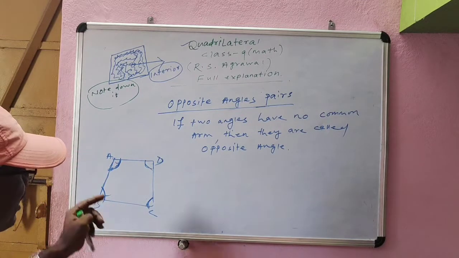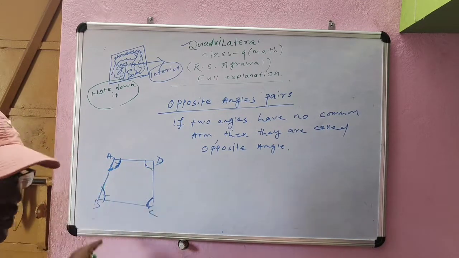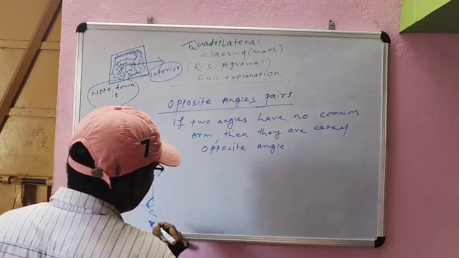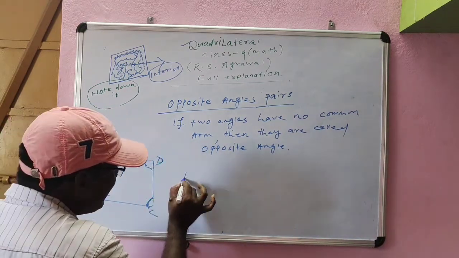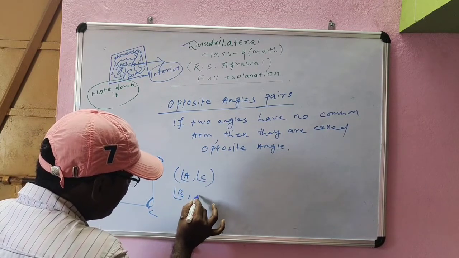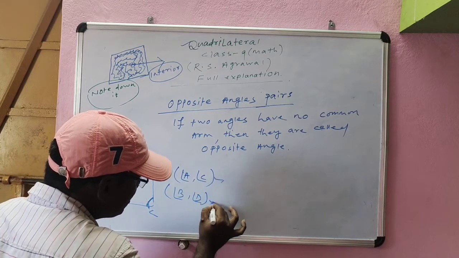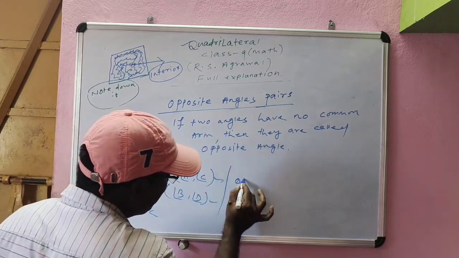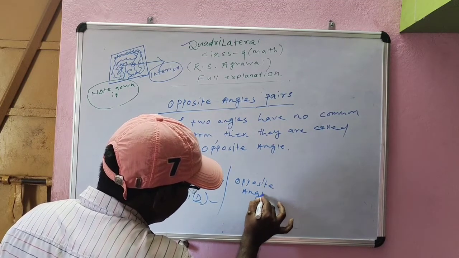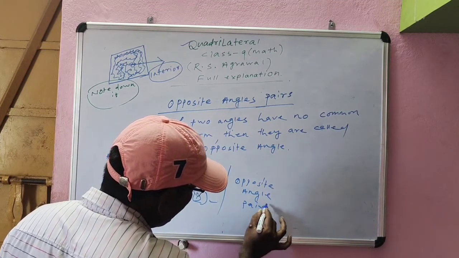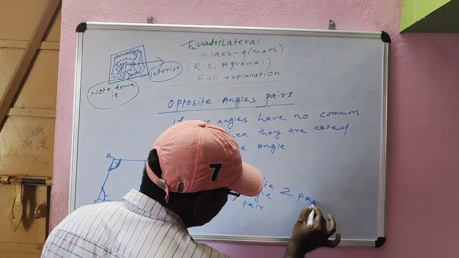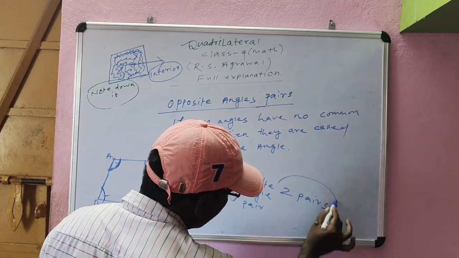It means these two angles have no common arm. Therefore, these two angles are said to be opposite. So, angle A, angle C, this pair, and angle B and angle D, this pair, are called opposite angle pairs. So, in this way, you can get totally two pairs of opposite angles.